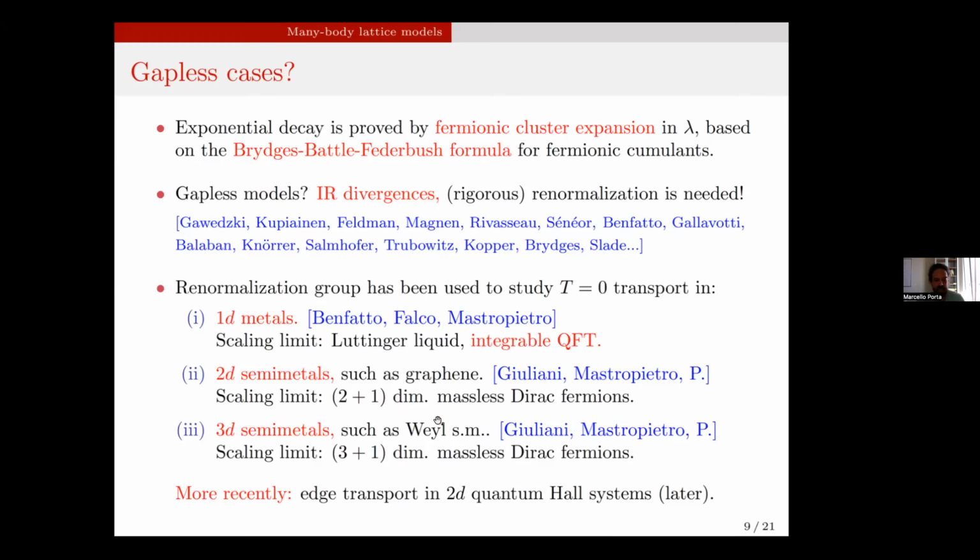In all these cases, there are interesting transport properties that can be accessed via RG. And what I would like to discuss in a bit is the application of these tools to study edge transport for 2-dimensional quantum Hall systems, which sits in between these 2 cases, because from the edge perspective, we will be talking about 1-dimensional systems, but the original model is actually 2-dimensional.